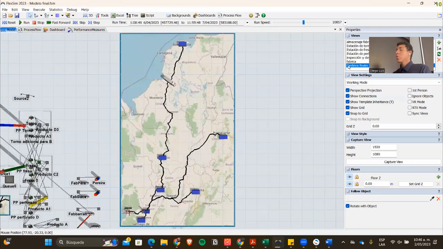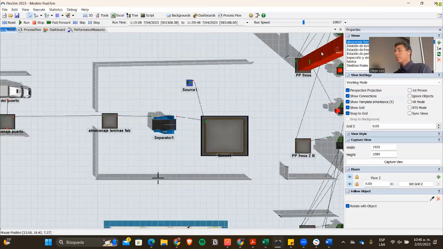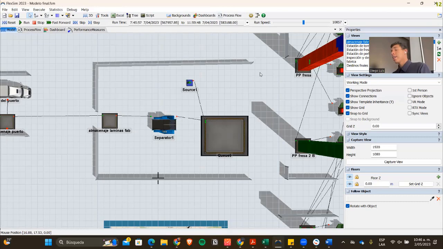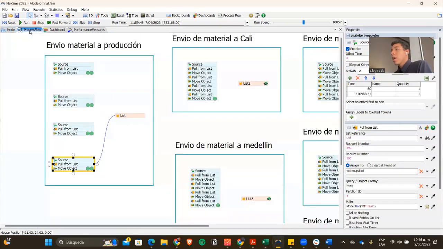The decisions we made are as follows. First, we establish an initial inventory at the production plant. Secondly, a batch production sequence was chosen for each product. We did this with the process flow.